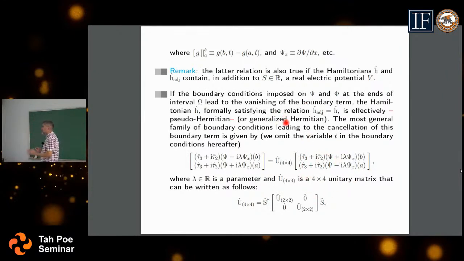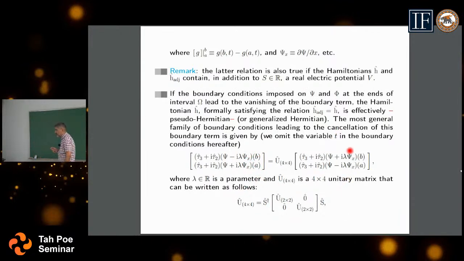The boundary conditions imposed on these two wave functions at the ends of the interval must lead to the vanishing boundary term. And so the Hamiltonian H satisfies this. So if this is true, the Hamiltonian is formally pseudo-Hermitian, but it must be pseudo-self-adjoint too.